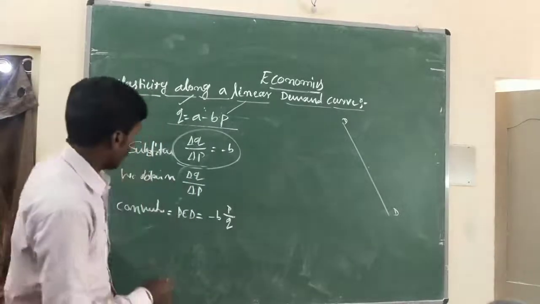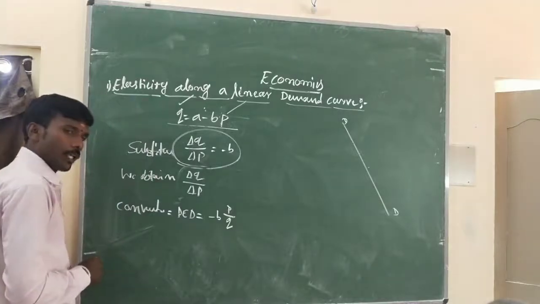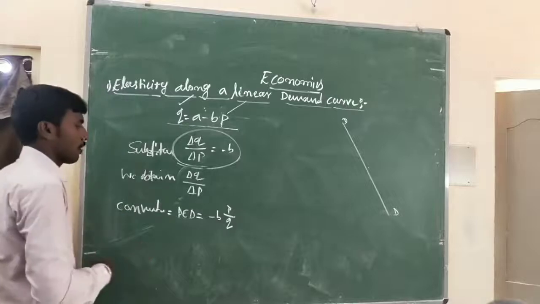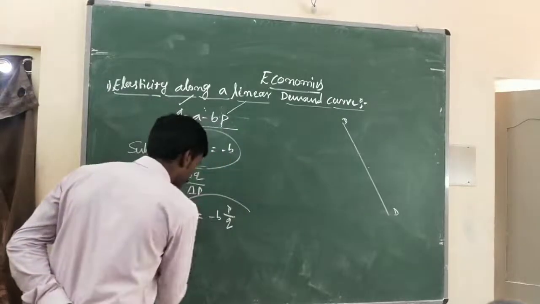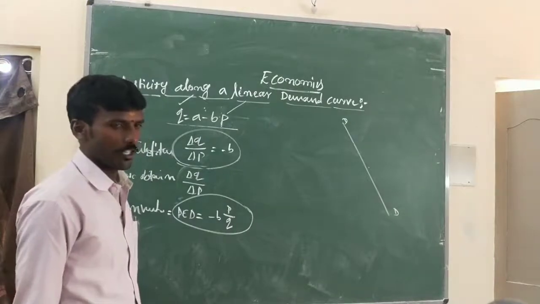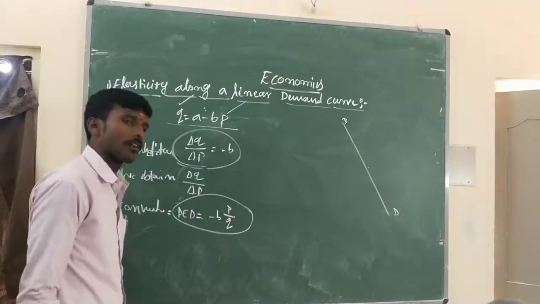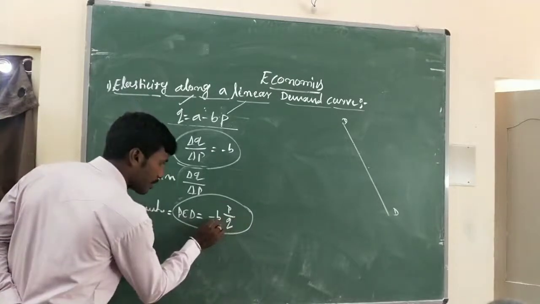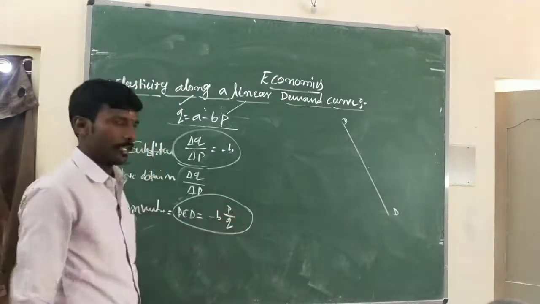Then we will put the value of q. ಓಕೆ, ಮತ್ತೆ ಈ ಈಕ್ವೇಷನ್ PED equals minus b p by q, ಇದಕ್ಕೆ ನಾವು q value ಅನ್ನ substitute ಮಾಡ್ತೀವಿ.